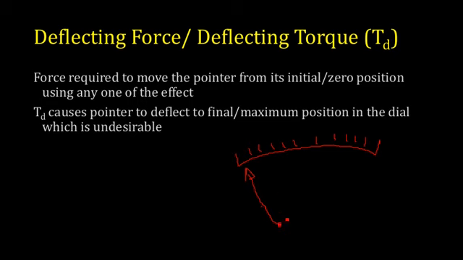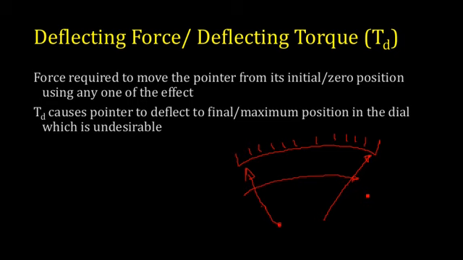If you have only deflecting torque in the system, some force is applied on the pointer and causes it to move to the final value. Ultimately your pointer will be here, shifted towards the end.